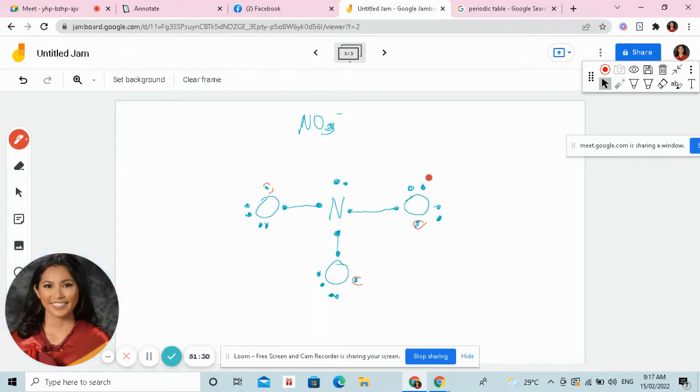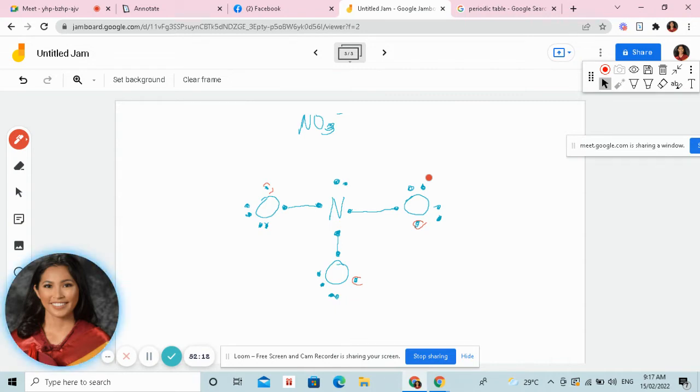We will add, the oxygen already has an octet because it has gained 1 electron.